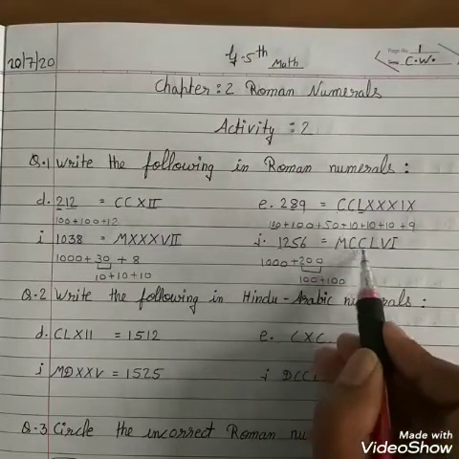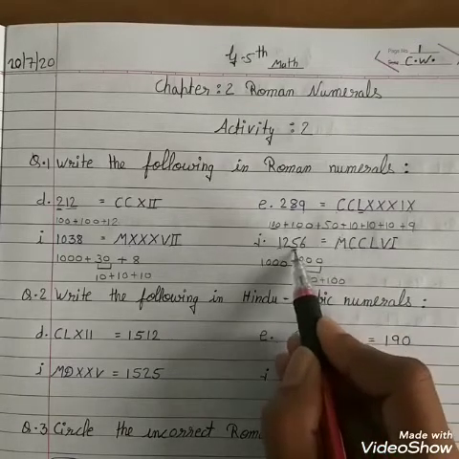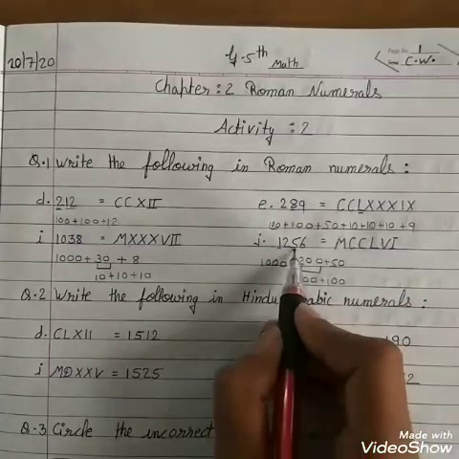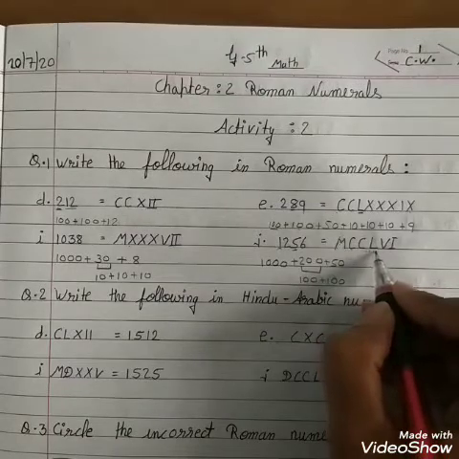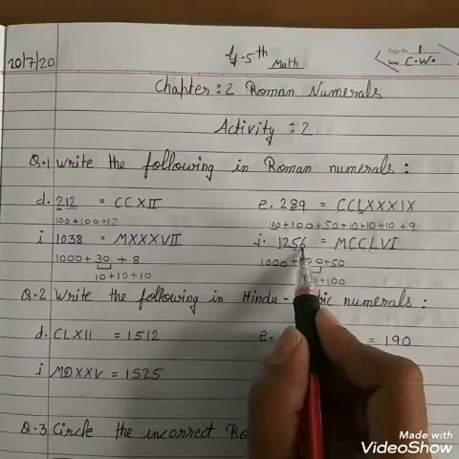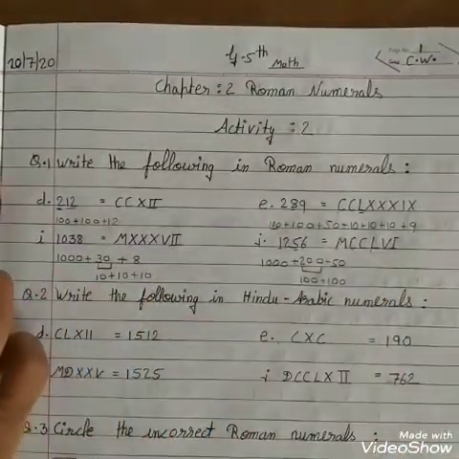So we will write 2 times 100, 200. Now we have to write 50. And we know very well that we write 50 as capital letter L. Okay. Now we have 6. We will write V and 1. This is our question number 1.